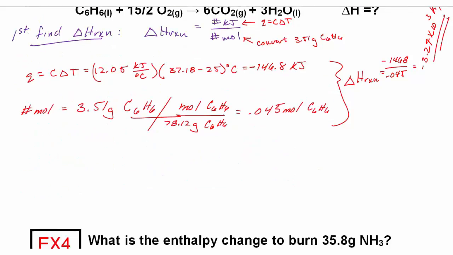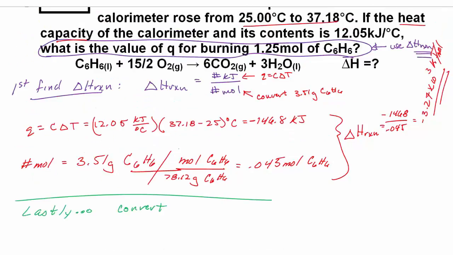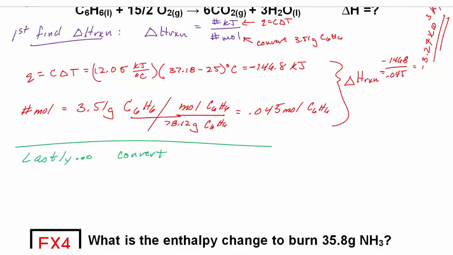So now I'm ready for the last step. Let's convert what they want, 1.25 moles of benzene, to heat. So we need the complete thermochemical equation to answer questions like this. That's why we found delta H first.